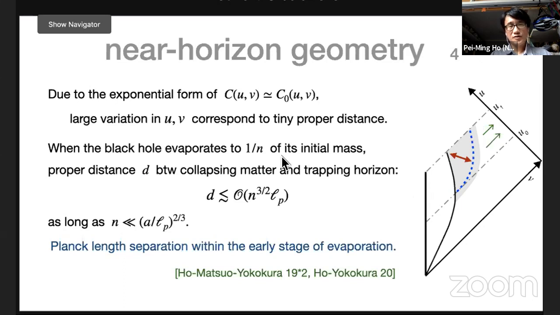So let's say that your black hole is evaporated to 1/nth of its initial mass, then the proper distance between any 2 points in the near horizon region is bounded from above by Planck length times n to the 3/2. So say at the Page time, when n is equal to 2, basically any 2 points in this near horizon region are essentially around the Planck length or smaller.